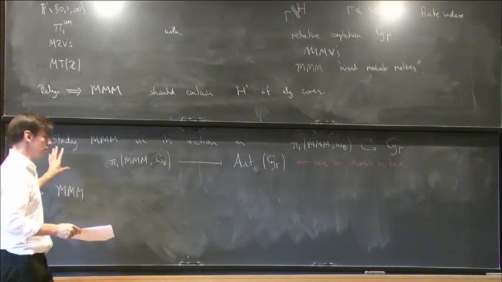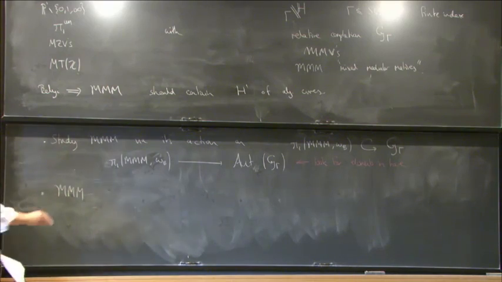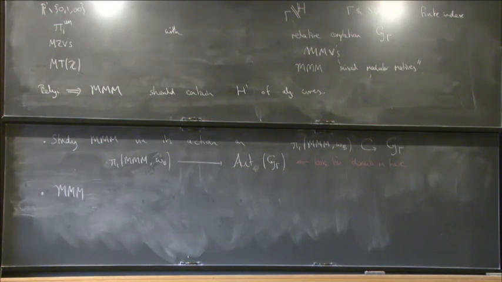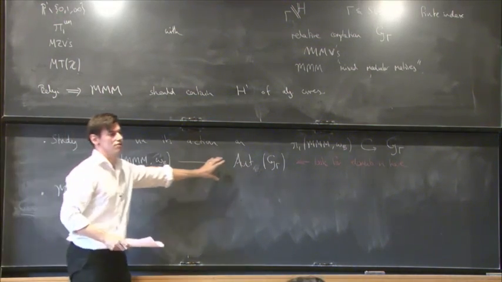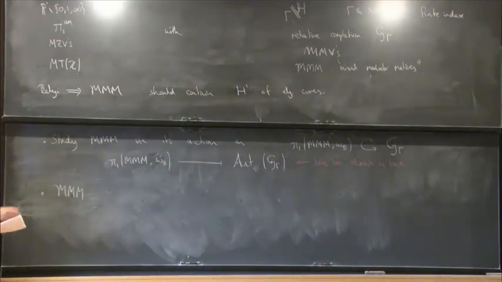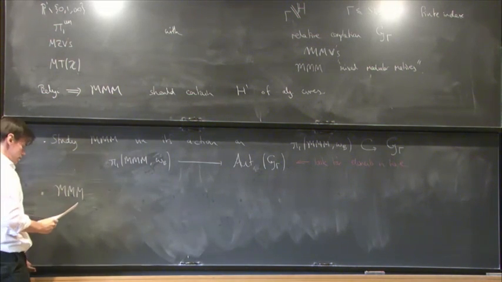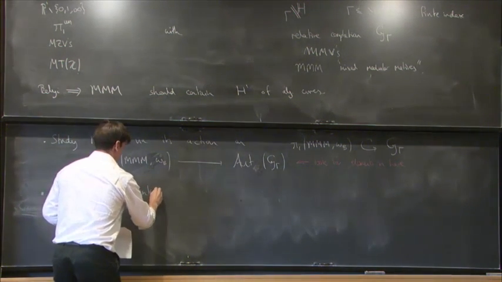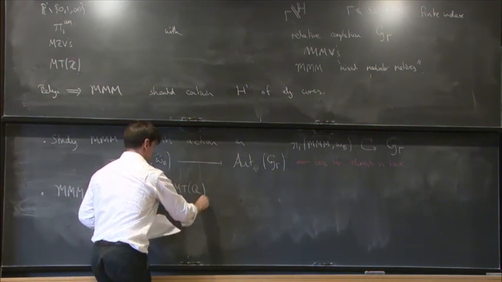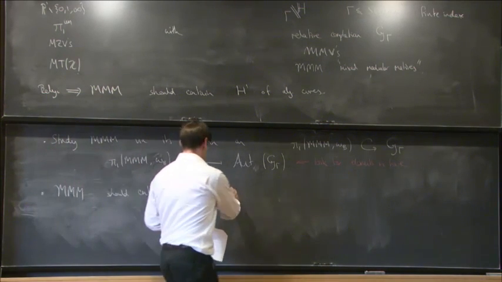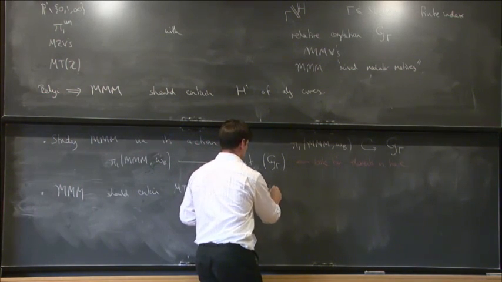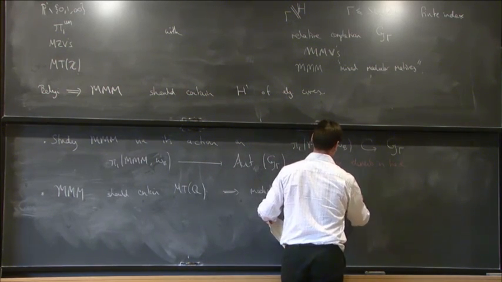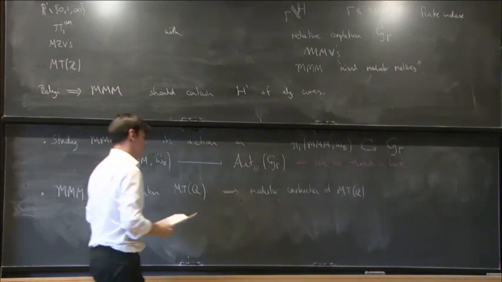So I'll come to that later. We can exhibit something, so I can construct things here that show that it's quite rich, but I have no idea whether this whole thing is injective or not. I'm not so bold as to make a conjecture along those lines, but we'll see that later. So MMM in particular should contain MTQ. That much I do believe. And if that's true, that would imply a modular construction of MTQ. So I'd like to call this the modularity of mixed Tate motives.